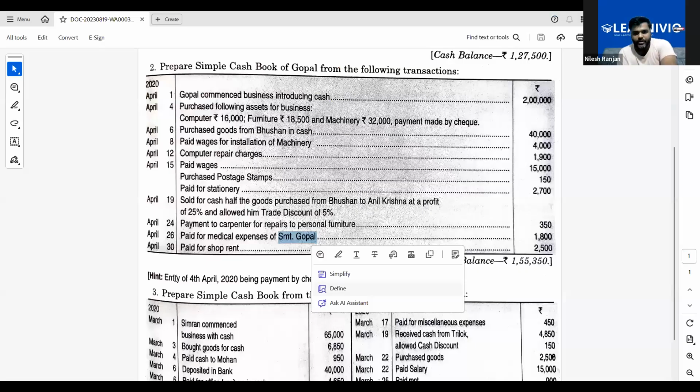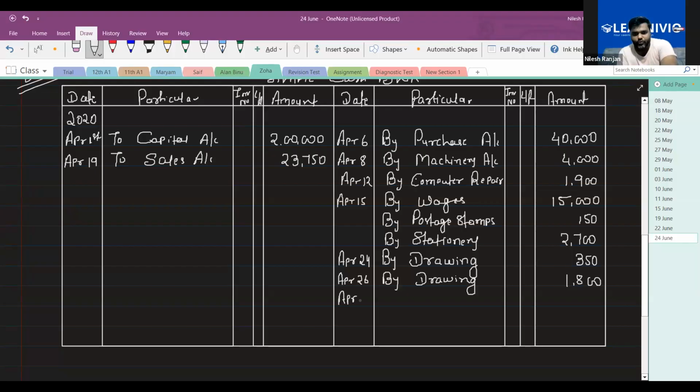Then there is paid for shop rent, April 30, by rent, 2,500. There are so many items on the credit side that our account has no space now. Now we will calculate the total.